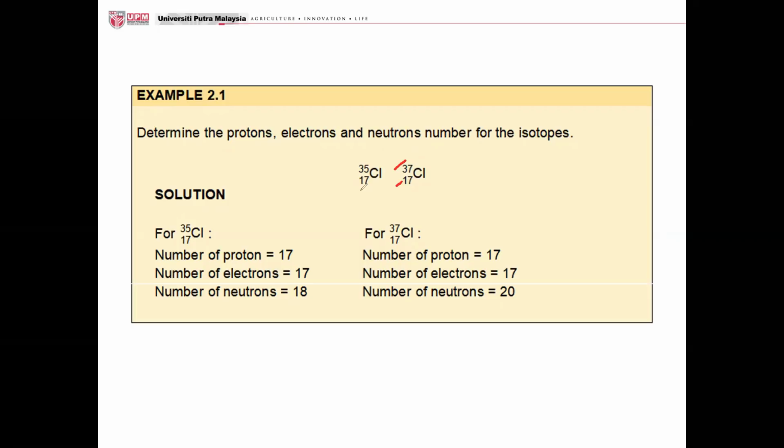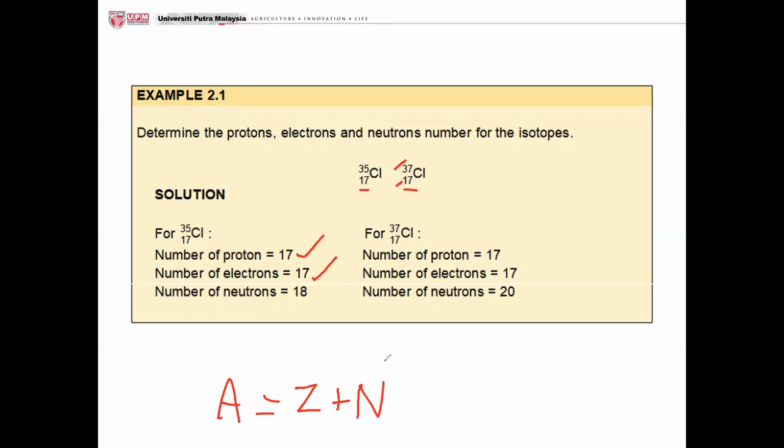First, you already know the proton number for each isotope, so the proton number of chlorine-35 is 17. Next, this one is a neutral atom, and a neutral atom has the same number of protons and electrons, so the number of electrons for chlorine-35 is also 17. Right now we want to calculate the neutron number, so by using the formula A is equal to Z plus N.